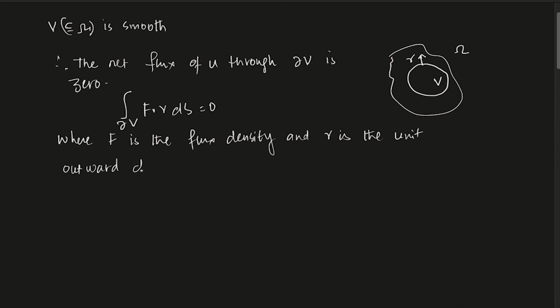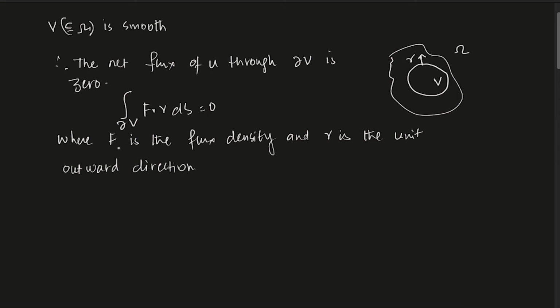What I meant by this is, see, the whole liquid, or whatever the chemical is, is in equilibrium. So if you look at a small smooth region anywhere in omega, the net flow of the chemical, the change in the density, basically the net flux of U through the boundary of V, is going to be zero.